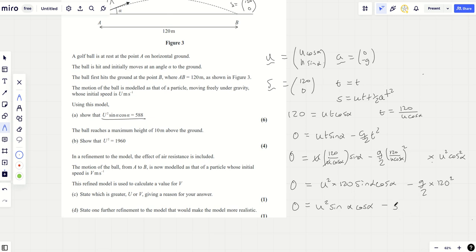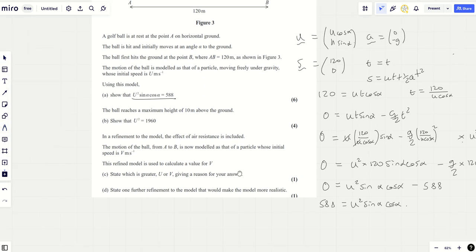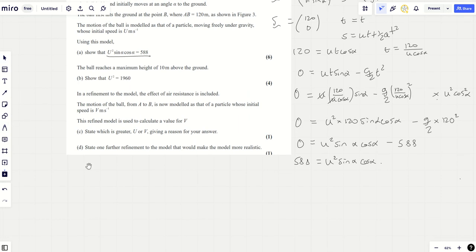It's funny because I did this question earlier today and I swear I did it in a different way, but there's lots of ways of doing these things. Okay, there we go. 588 equals u squared sine alpha cos alpha as required. Cool. I took the t out earlier, which would have made dividing by 120 at the end unnecessary. So maybe that was slightly better.